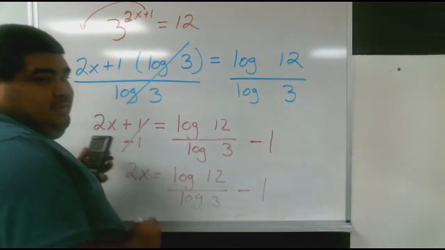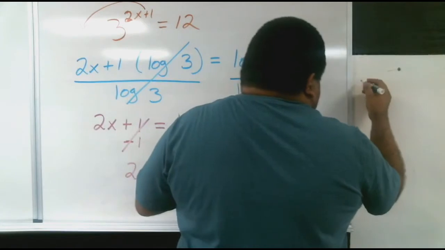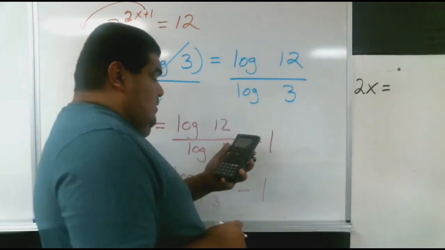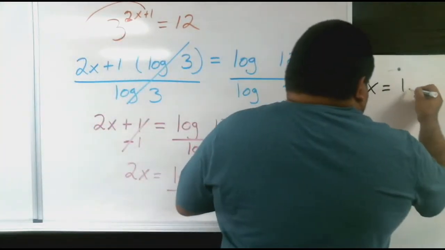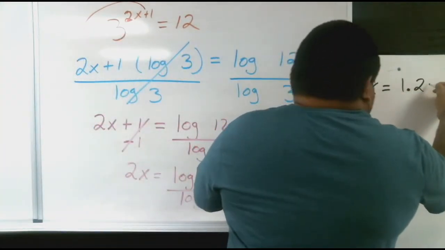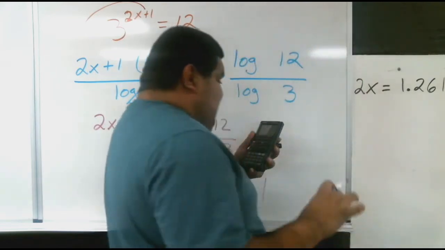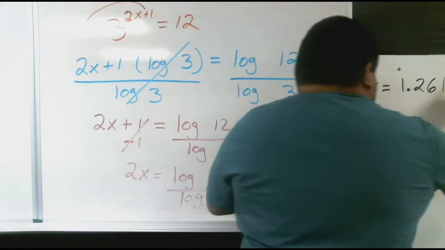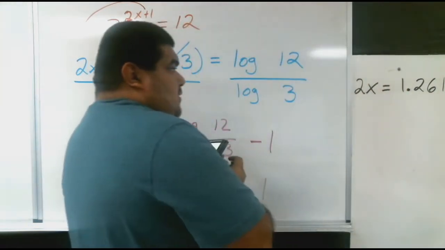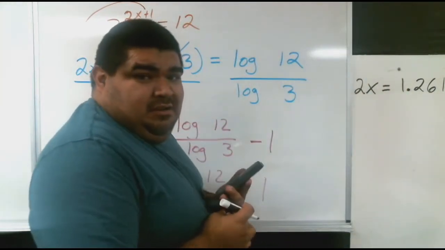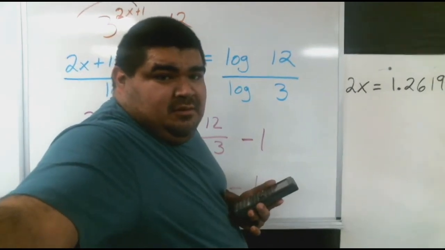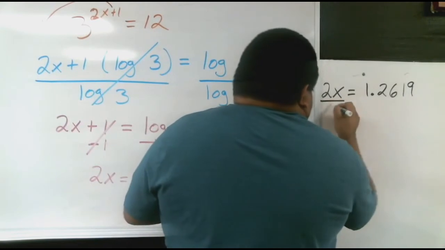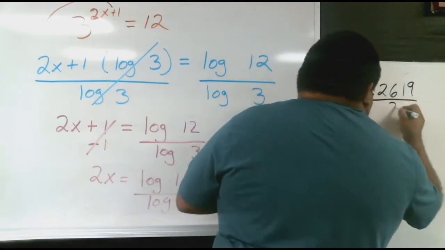So we're left with 2x equals 1.2619. We have an 8 and then a 5, and the 5 makes the 8 into a 9. And then finally, if we're solving for x, we divide by 2. We do the same thing to the other side.